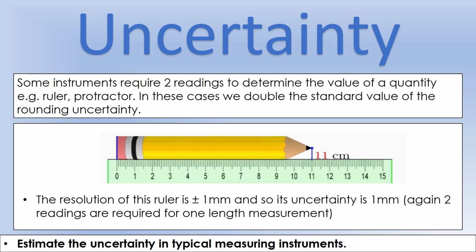Okay, so those are our measuring devices, and just keep an eye out for when we're using two readings. Another example would be a measuring cylinder. We often might do that if we're measuring a change in volume. A thermometer, if we're measuring a temperature change, again, we're using two values to do that. There's a few different scenarios you might come across that.